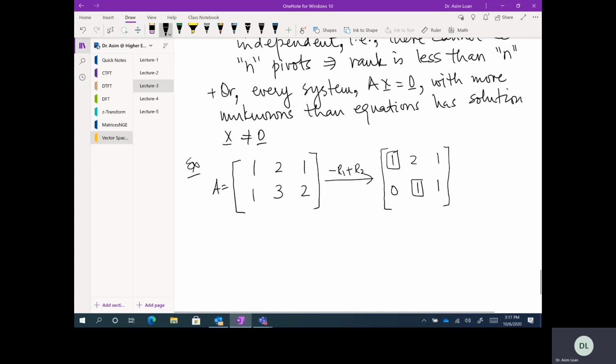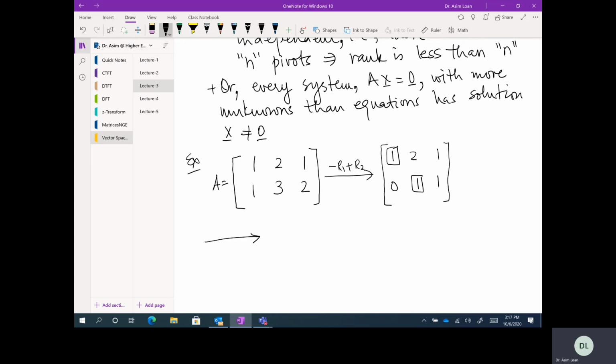Or if I want to solve further, I get rid of this 2, so I say minus 2 row 2 plus row 1, this gives me 0 1 1, so pivot here, 1, minus 2 plus 2 is 0, minus 2 plus 1 is minus 1. So this is a pivot, this is a pivot.